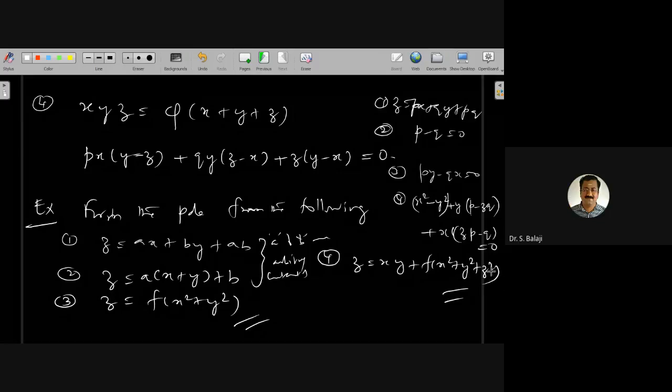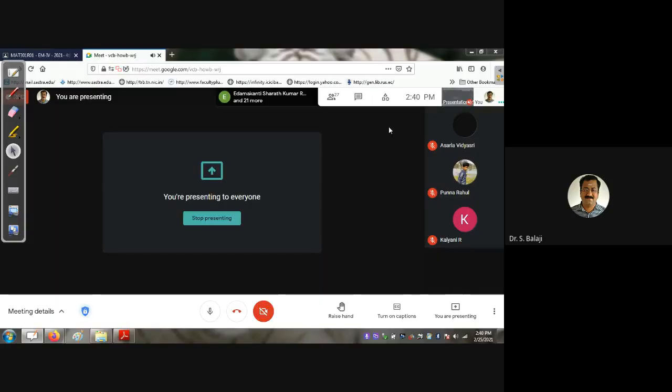These are all the answers based on eliminating arbitrary constants and similarly eliminating arbitrary functions. Now Rahul only is giving answers. Are other people doing it or not? Please do whenever I give the problem for your exercise, then only it will be easy for you.